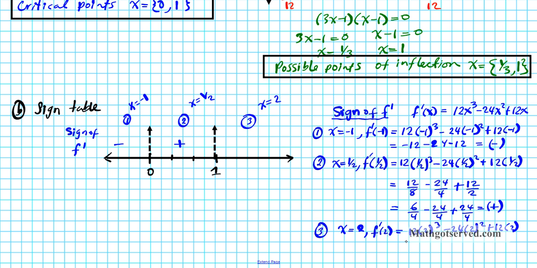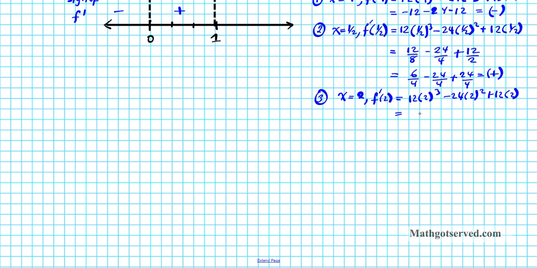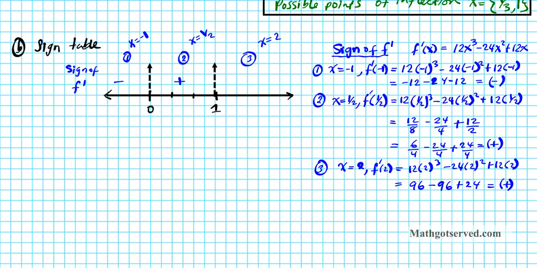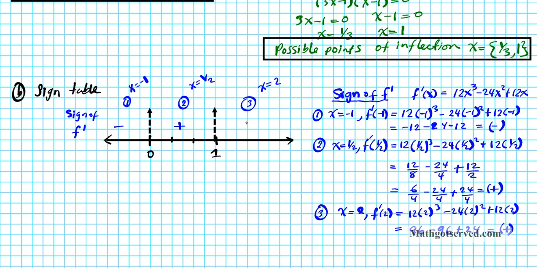Remember, all we care about here is the sign again, okay? So 2 to the third is 8 times 12 is 96. Minus 2 squared is 4 times 24 is 96. Plus 12 times 2 is 24. All right, we see that these first two add up to 0, and then we're left with a positive number, 24. So this is also positive. All right, so the sign of f prime is positive on interval 3 from 1 to infinity.